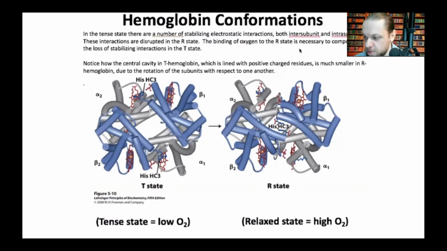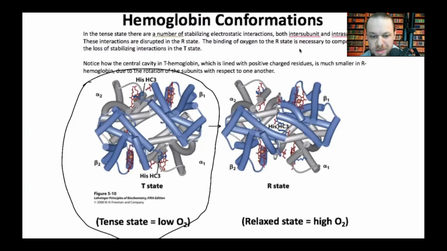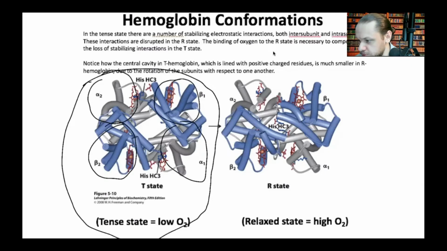When the hemoglobin is in the tense state, it wants to give off oxygen. So it wants to get rid of the oxygen that it has in all these subunits. Let's say this is alpha subunit 1, alpha subunit 2, beta subunit 1, beta subunit 2, so 4 subunits.